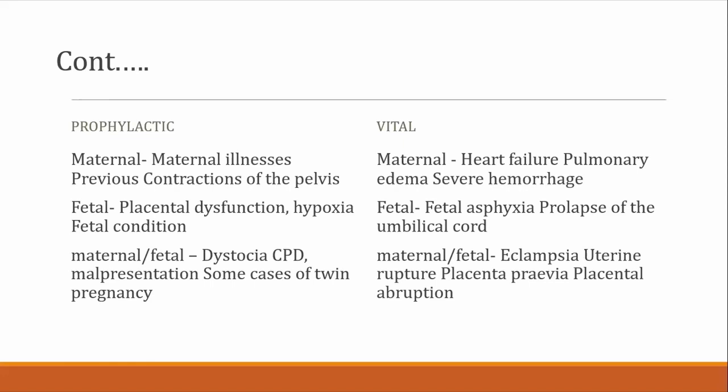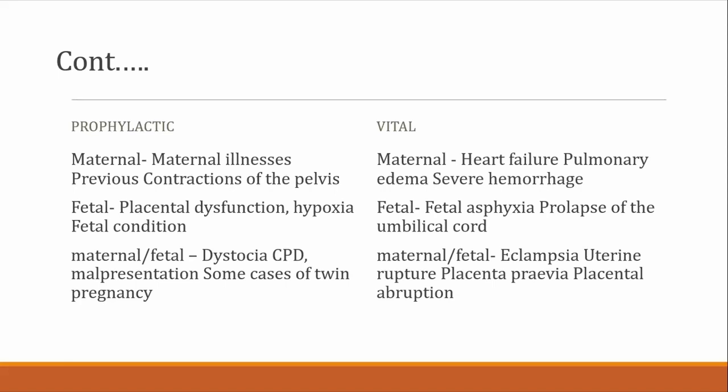So that can be prophylactic. In order to prevent that, if there is already a contracted pelvis, we prefer the cesarean section. When we see fetal, there is placental dysfunction and hypoxia. The most common causes for both maternal and fetal prophylactic indication are CPD, or cephalopelvic disproportion, and malpresentations.